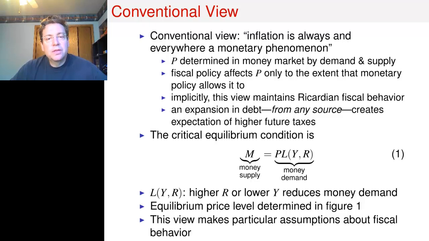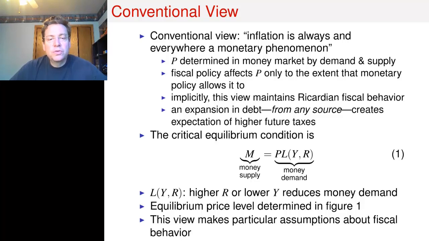Fiscal policy then affects the price level only to the extent that monetary policy allows it to. Implicitly, this view maintains Ricardian fiscal behavior, so that any time government debt expands, it creates the expectation that future taxes will go up to finance that debt expansion.